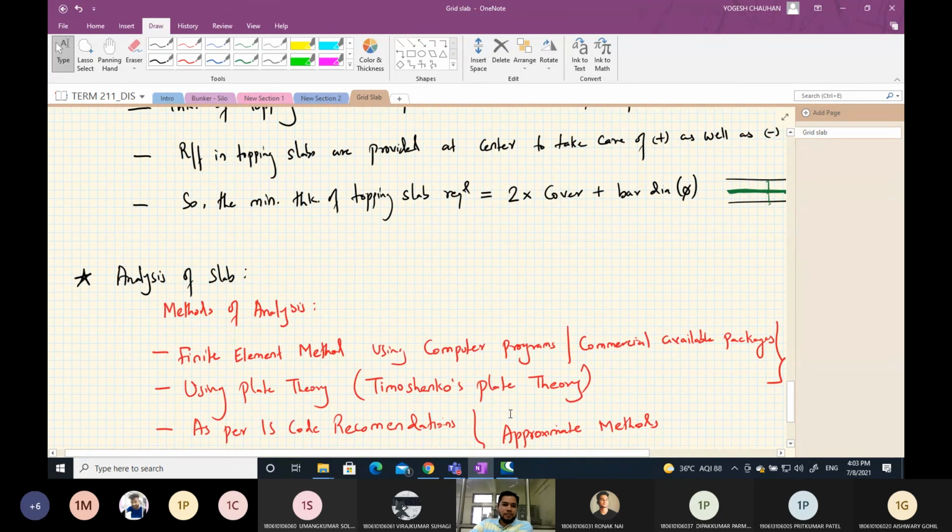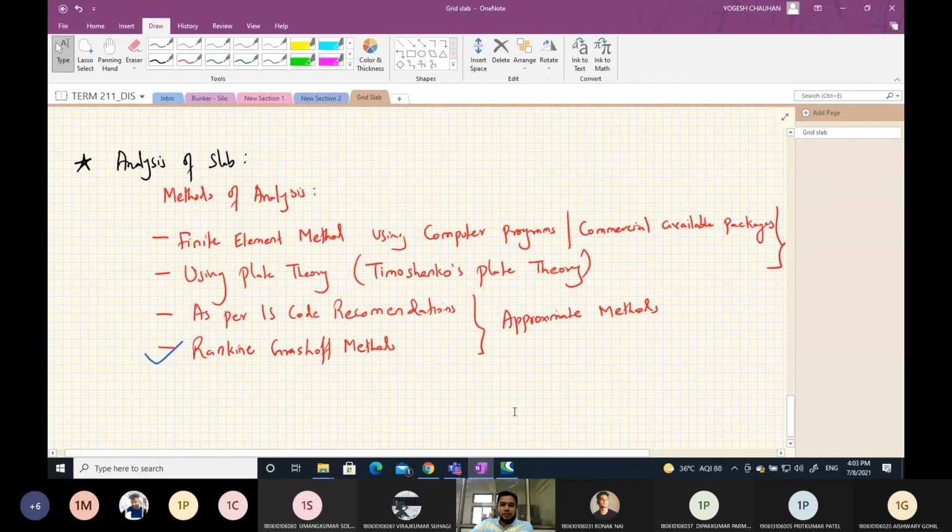Now, for the analysis of slabs, there are various methods by which we can analyze such slabs. We can use the finite element method using any computer code or commercially available packages. We can use plate theory, such as Timoshenko's plate theory.